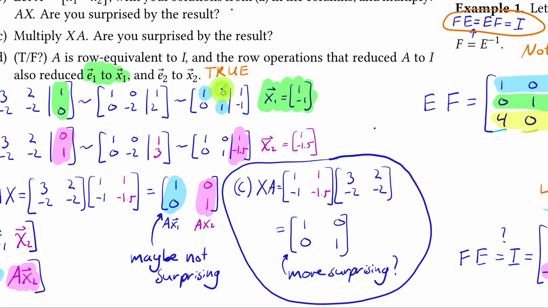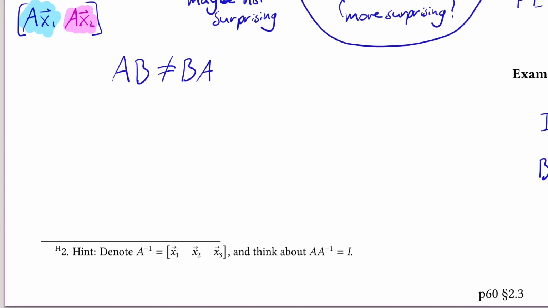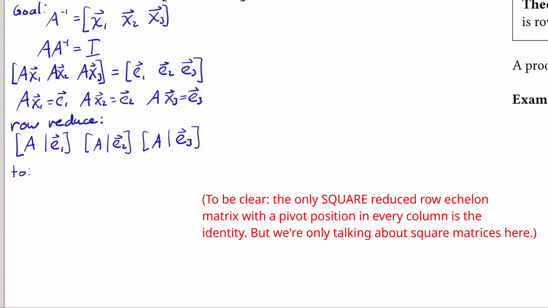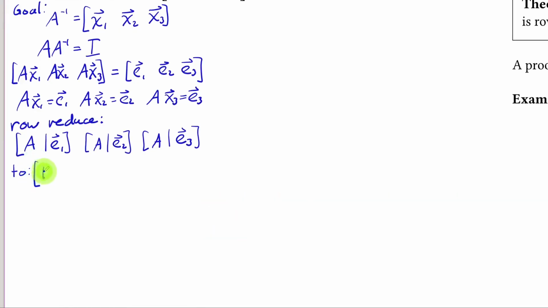And the only reduced echelon matrix that has a pivot in every row and column is the identity. So the goal is going to be to get this row reduced to the identity matrix. But, excuse me, I wrote e1 there, but that should be the solution.